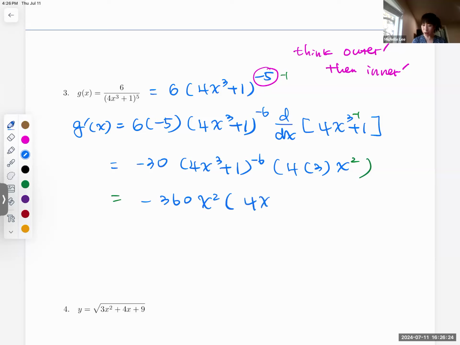And 4x to the third power plus 1 to the negative 6. If we want to write down a positive power from the negative, we can rewrite this one like this, right?